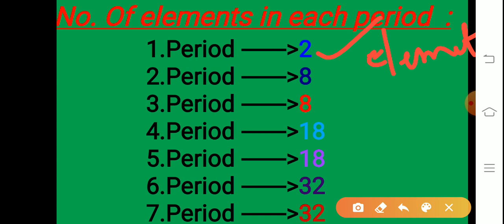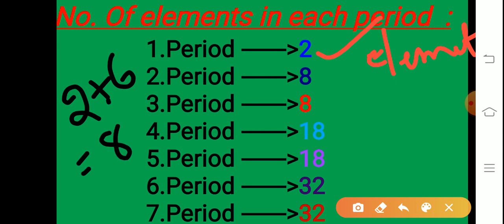Okay, the second period starts with the L main shell. As you know, the L shell has two subshells, s and p. s contains 2, p contains 6. Total 2 plus 6, how much? 8. That's why the second period contains 8 elements. Therefore 8 elements are there in the second period.